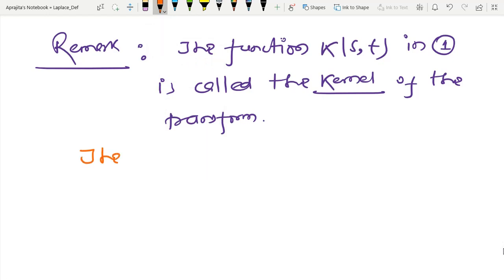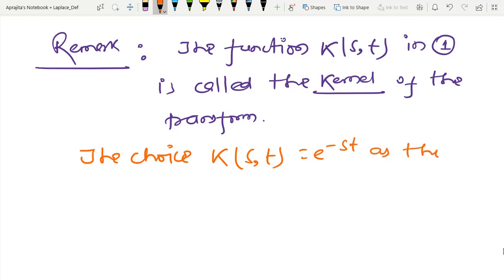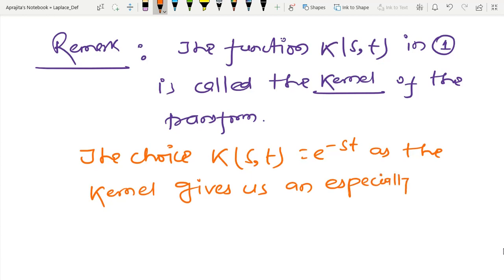The choice K(s,t) equal to e power minus st as the kernel gives us an especially important integral transform.